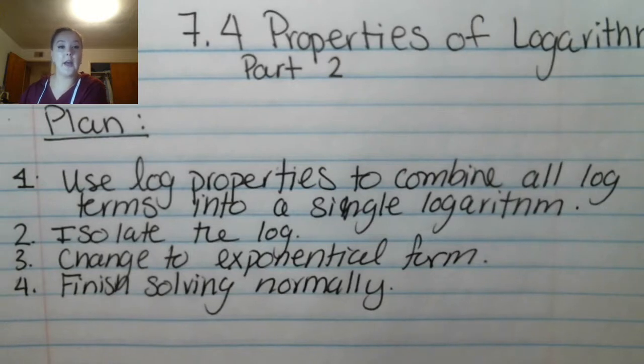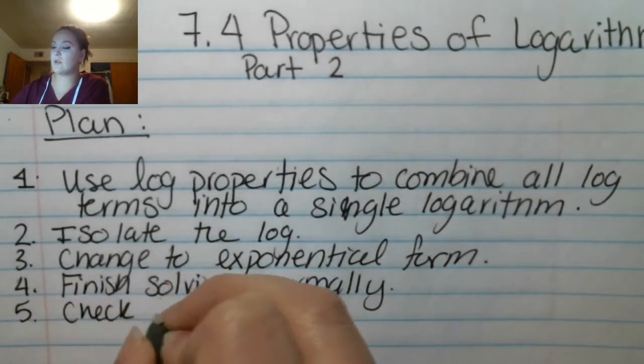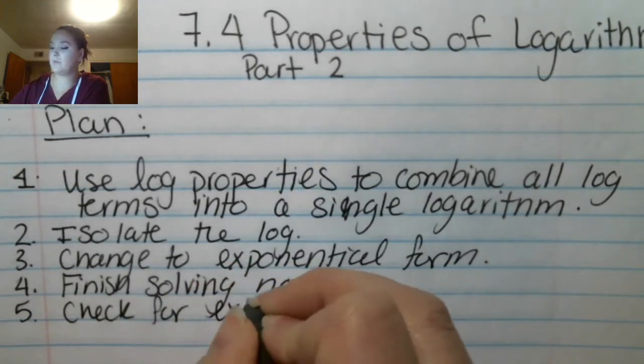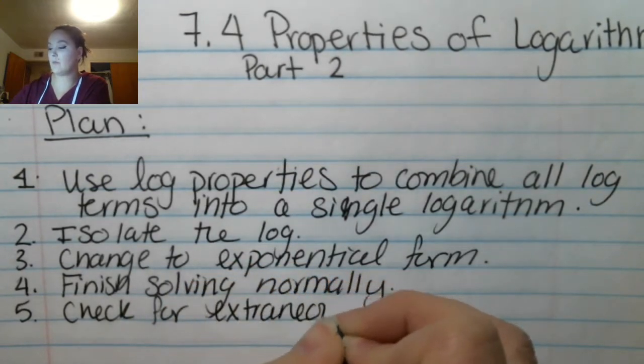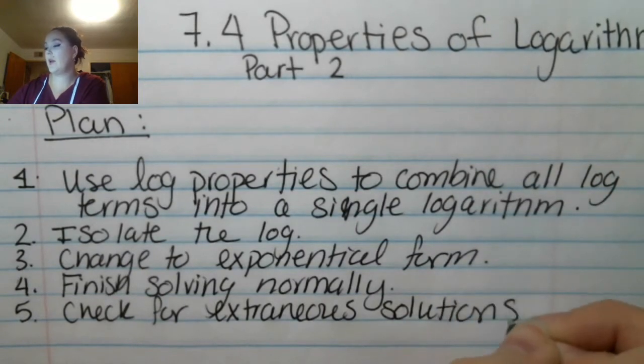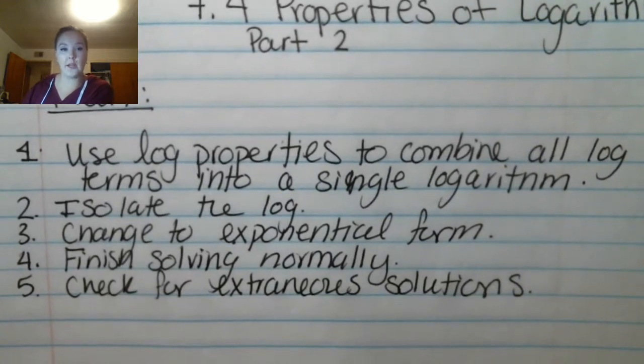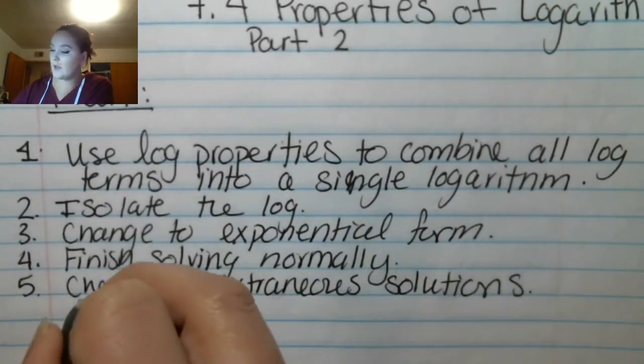And then again, the last thing that we need to do with log equations is check for extraneous solutions. Basically we are checking to make sure that we're not plugging in a negative number to a log.